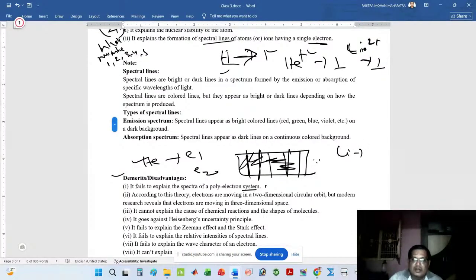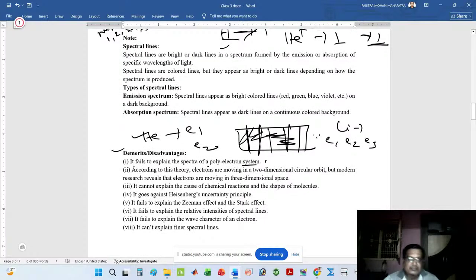If you think about the Li2+ ion, then there is only 1 electron. But in the lithium atom, 3 electrons are present, E1, E2, E3. For such species, Niels Bohr cannot explain the spectral line. So it fails to explain the spectra of a polyelectron system.